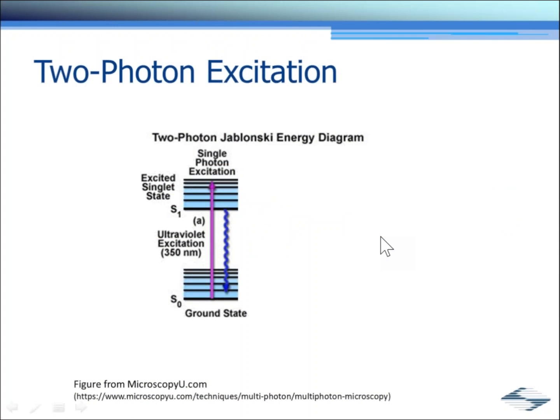Talking about two-photon excitation, in order to understand two-photon excitation, let's first understand one-photon excitation. So what we're looking at here is half of a figure. This figure is showing single photon excitation of a fluorophore. Imagine that we have a fluorophore, and normally the energy level is here at the ground state.